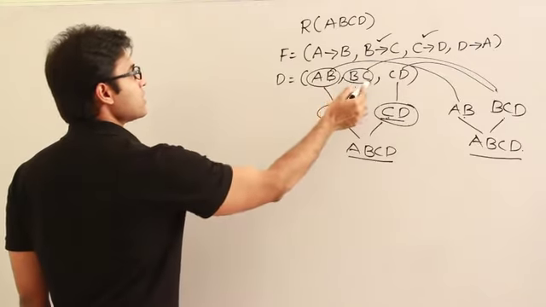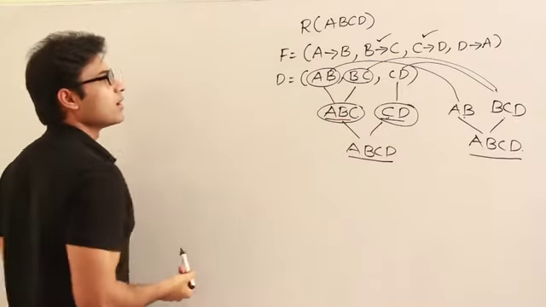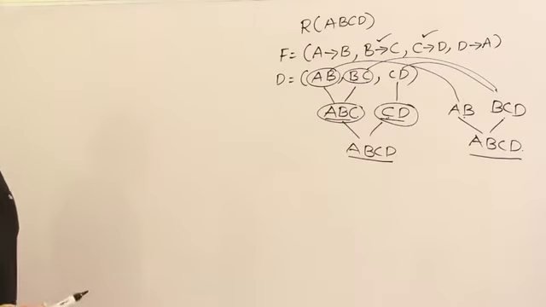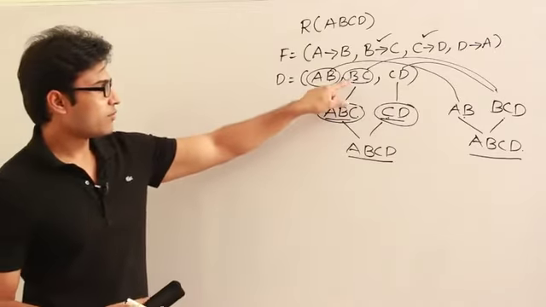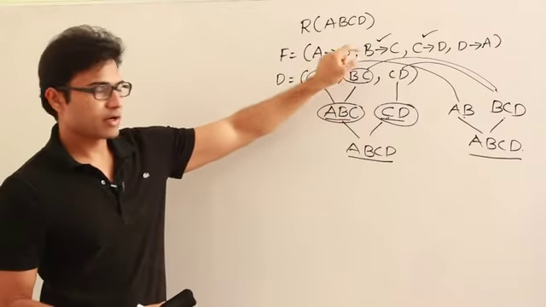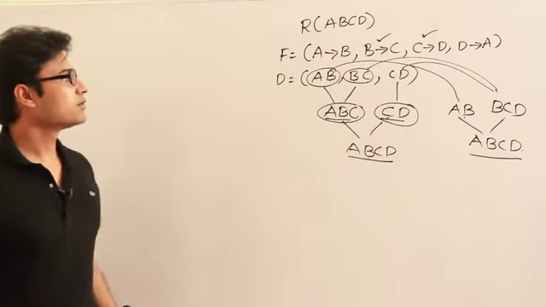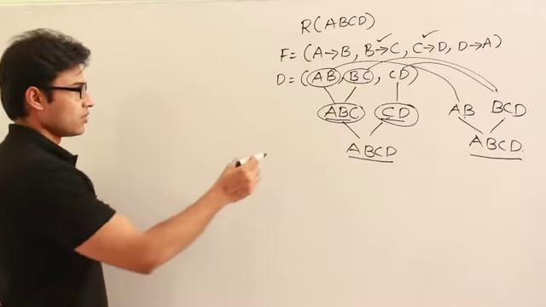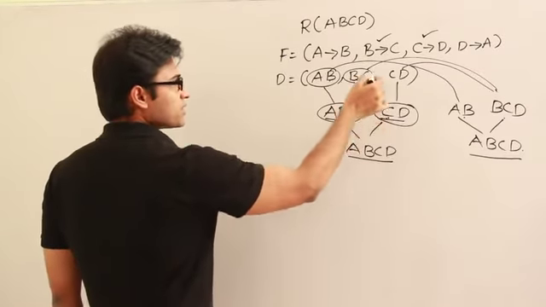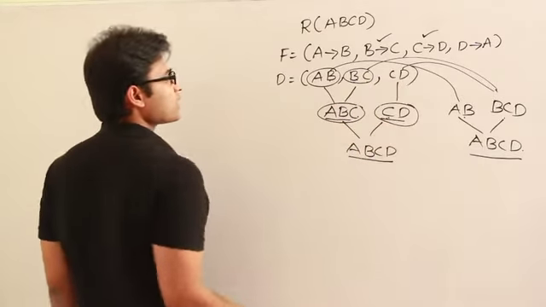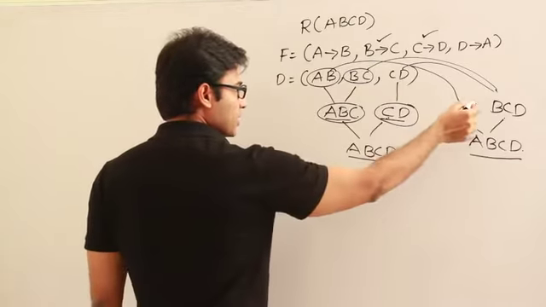So what can we say? This particular table is having this key as the common attribute. Therefore it is lossless. So either you can take this sequence and examine it, or you can take this sequence and examine it, right? Which means you can take this one.